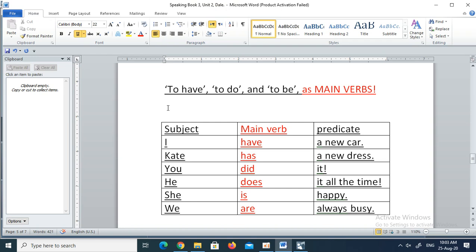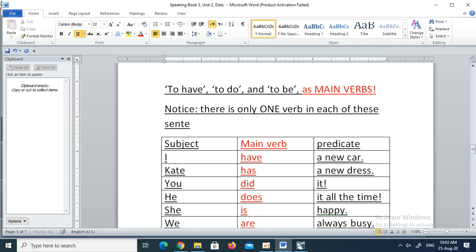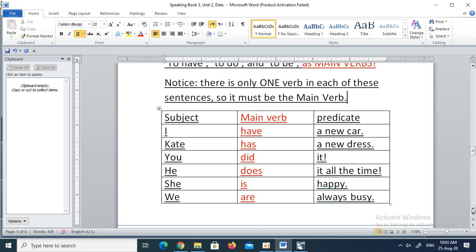So, there's only one verb in each of these sentences, so that one verb has to be the main verb.